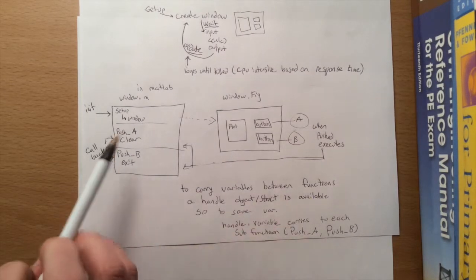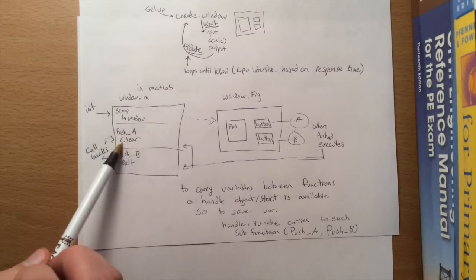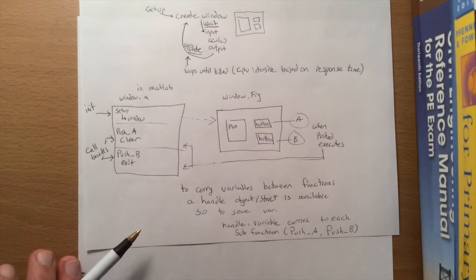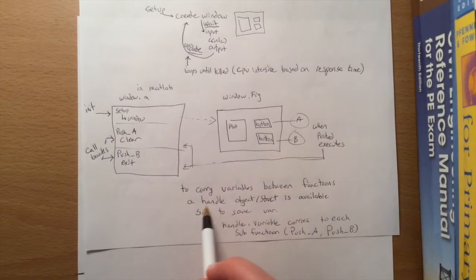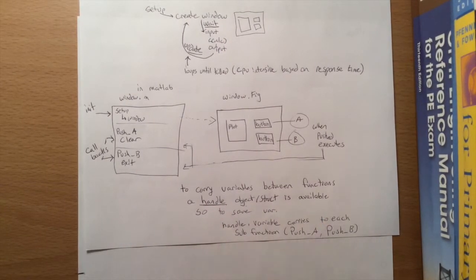Since we're working in functions here, we have to be real careful with our variables. Any locally defined variables will disappear upon the exiting of the function. To get around this, MATLAB uses a handle object, and you can treat it as a struct just like we talked about before. That's generated by the GUIDE platform.